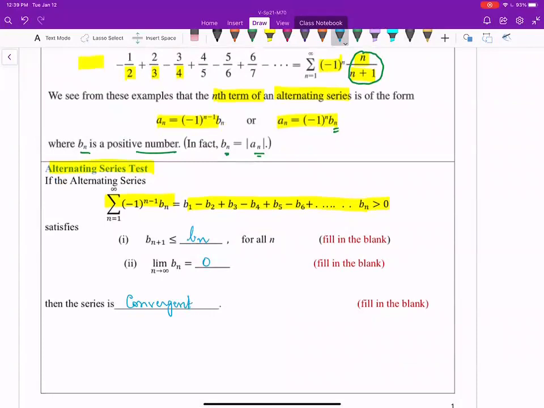So b sub n plus 1 is less than or equal to b sub n. This means the sequence b sub n of positive terms is decreasing.